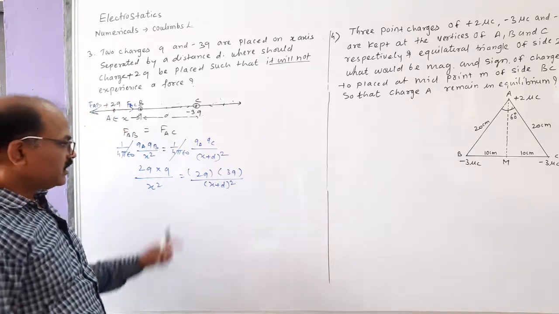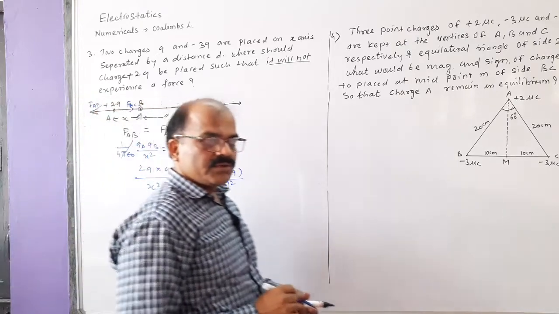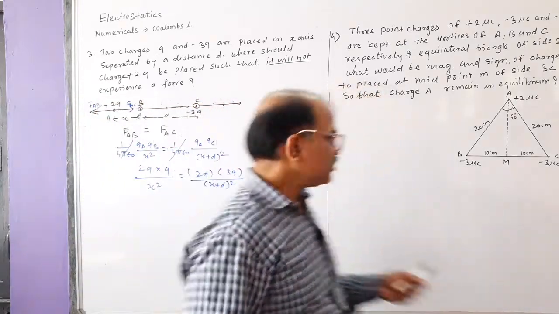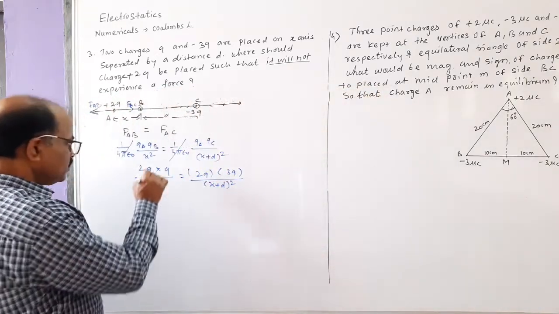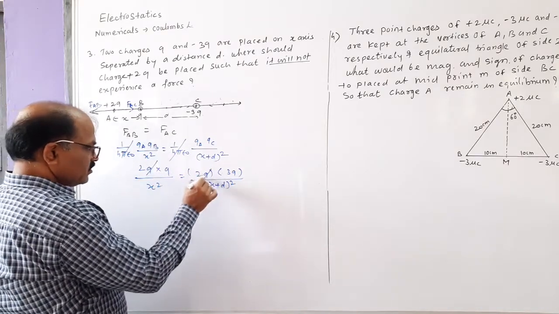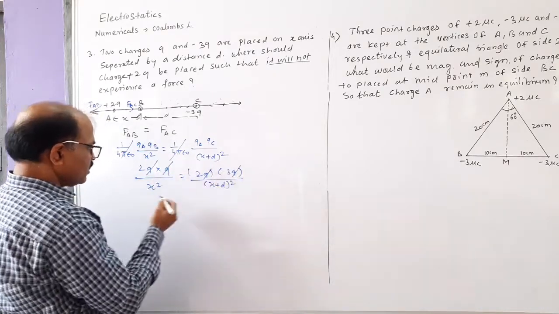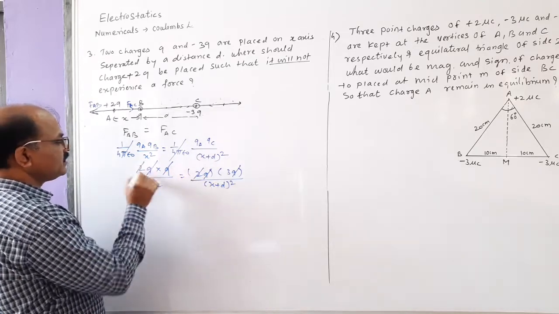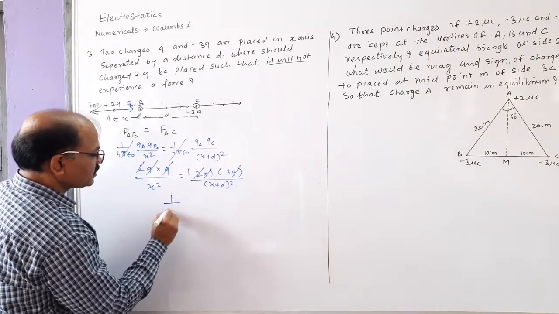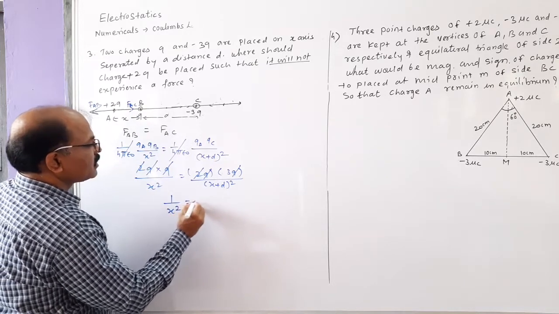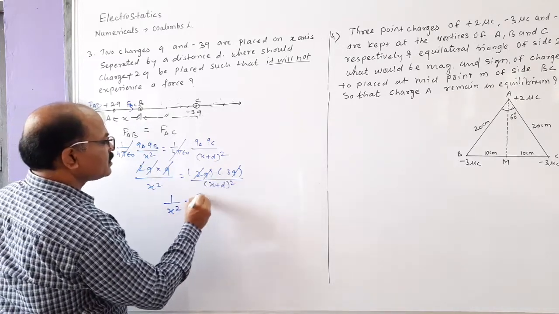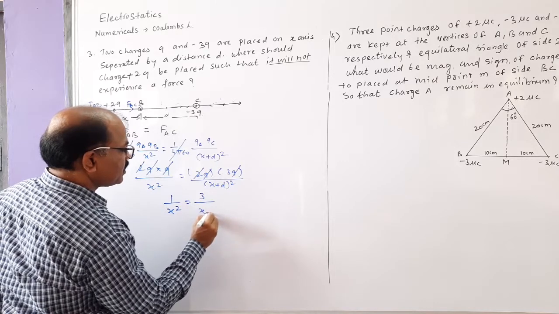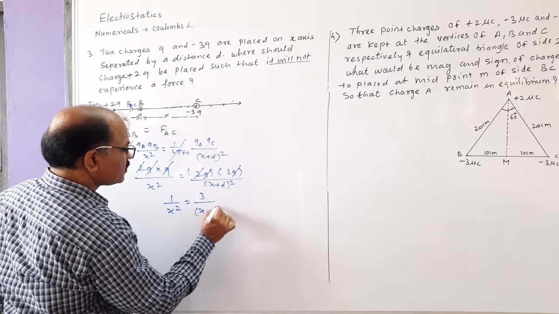Minus sign, यहाँ force is only considered for the direction purpose, no need to write it here. So this q gets cancelled, इस q के साथ, और this 2 will get cancelled with this. The remaining terms: 1 divided by x square equal to, यहाँ क्या बचा, 3 divided by x plus d का square.